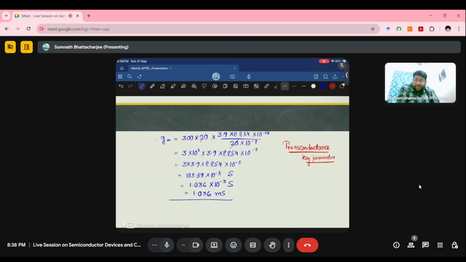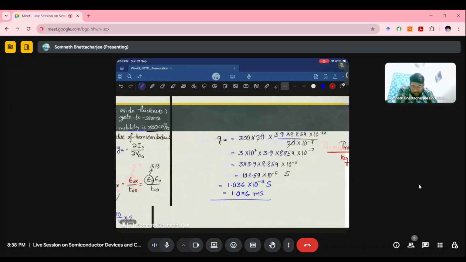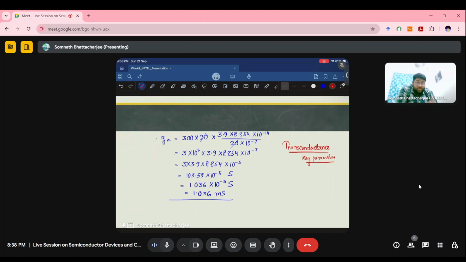So, with this, we'll end today's session. I have kept a very small number of questions, because in most of the books the questions are very similar patterned, and they are just changing the values.